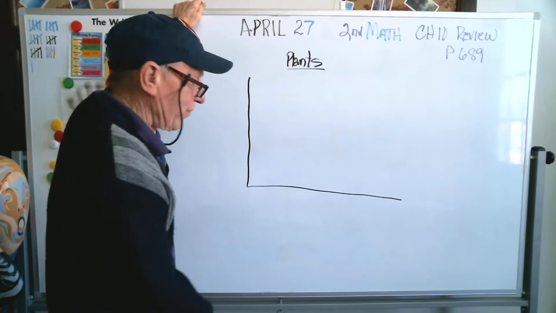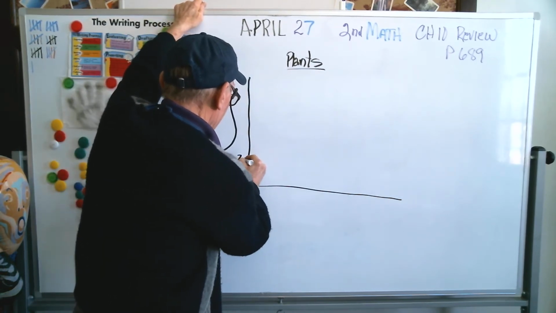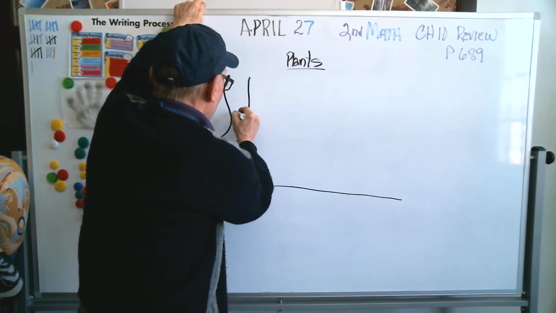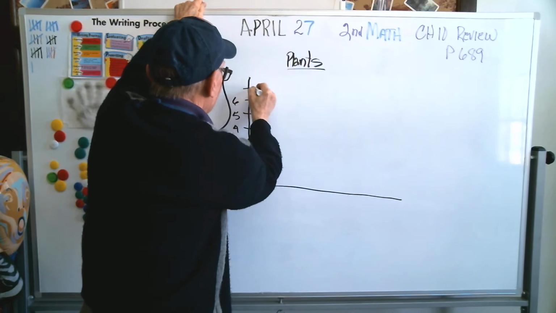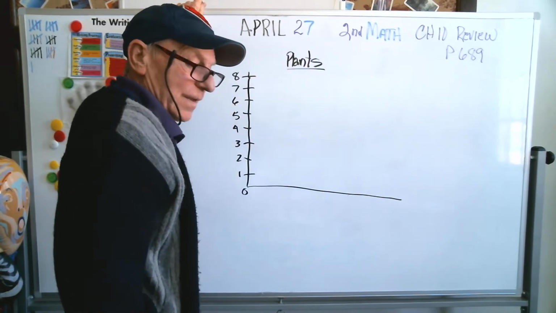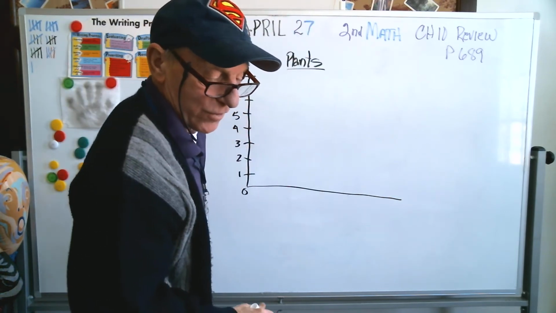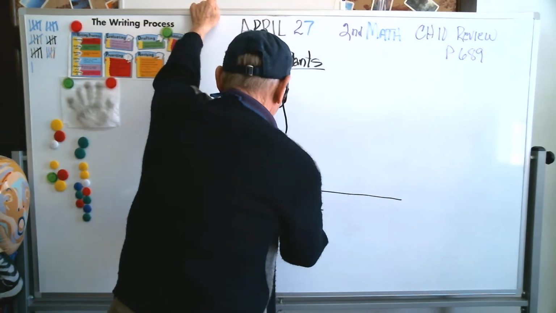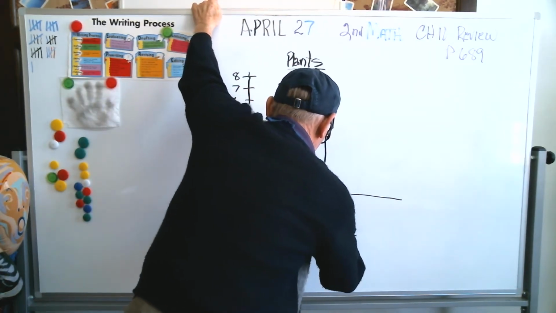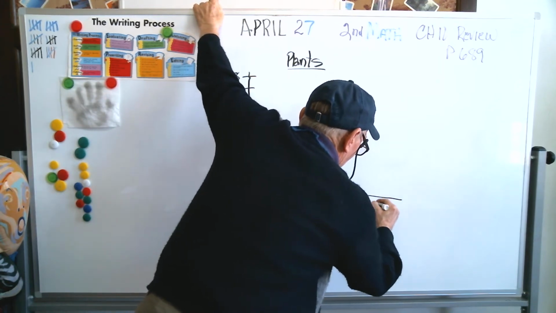And we go from 0, 1, 2, 3, 4, 5, 6, 7, 8 on the y-axis. And then we go May 1st, June 1st. So we got May, June, July, and August.